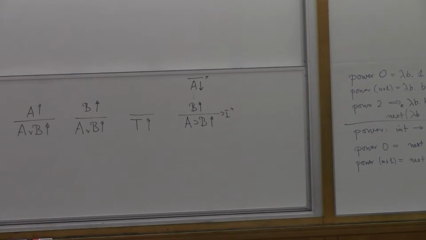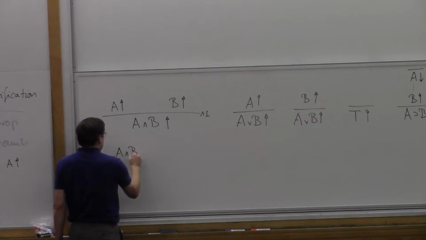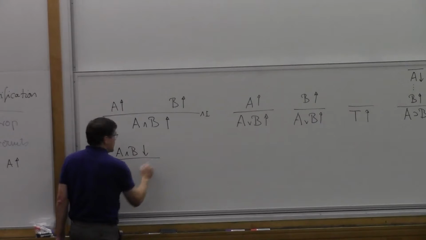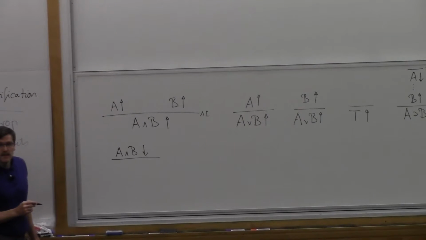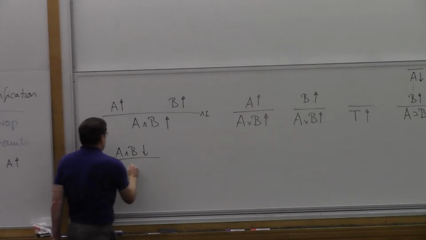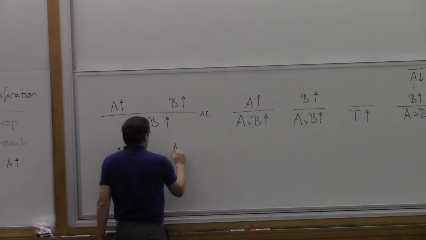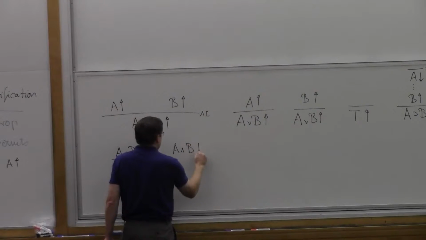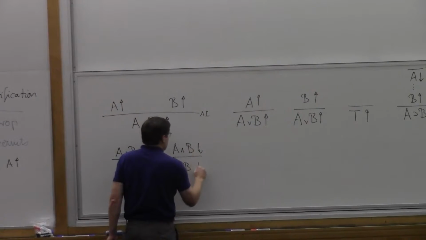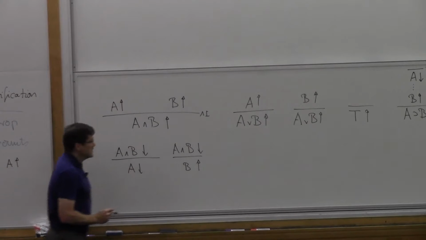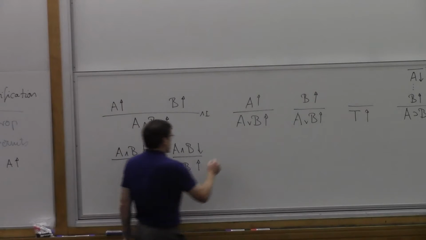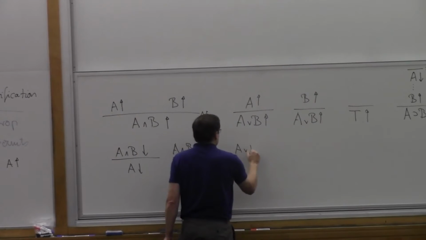So let's do a conjunction. How do I use a conjunction? How can I use a conjunction going downwards? I can then use A, and I have a conjunction, I can then use B. How do I use a disjunction, A or B?